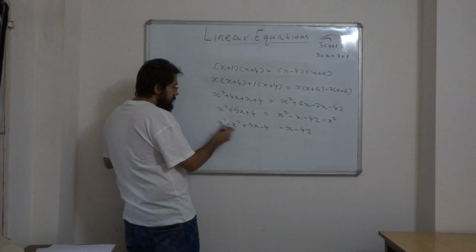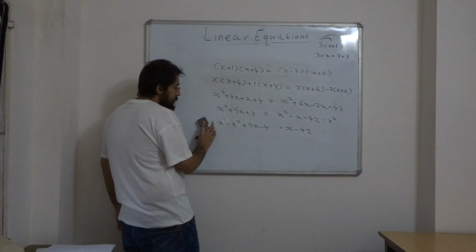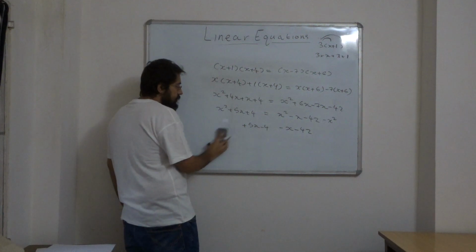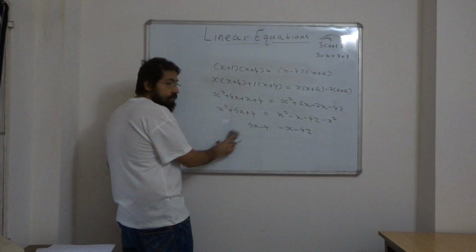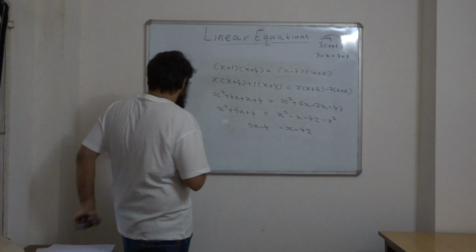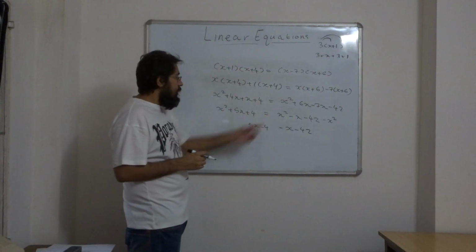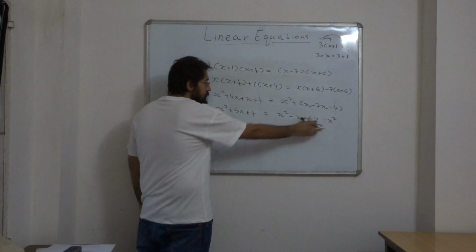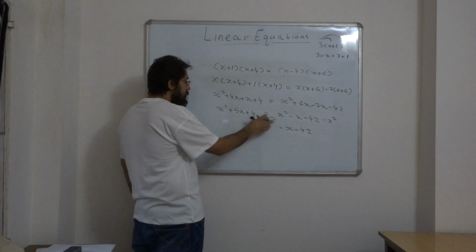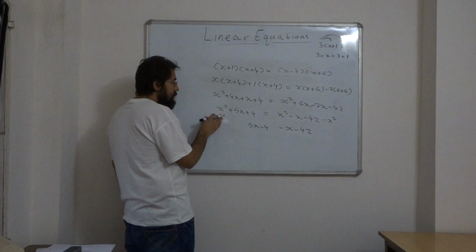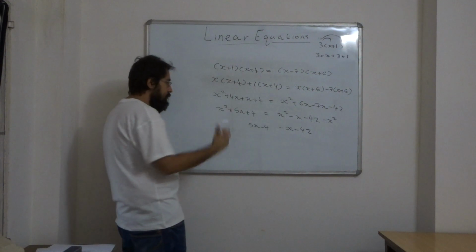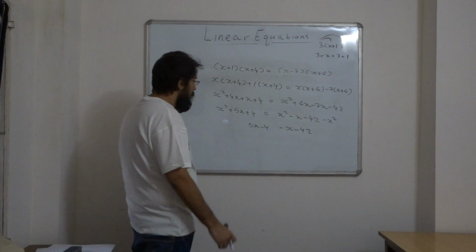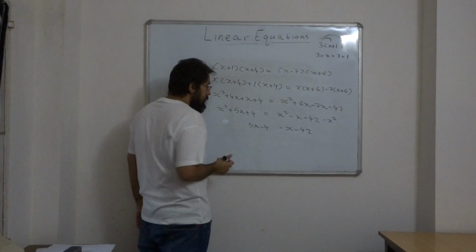Since this also cancels out, let's just remove this now, because you've already understood this. I hope you're able to see it. So x squared and x squared cancel out here, and in the same way x squared and x squared will cancel out here, because you know what I mean. So now we're left with this.